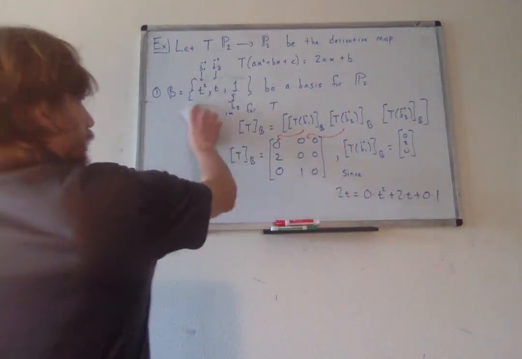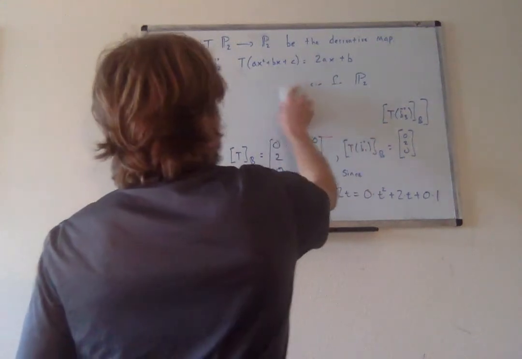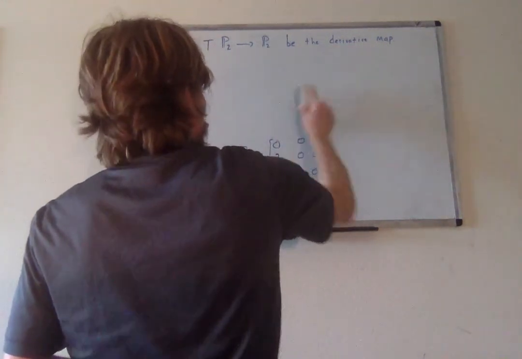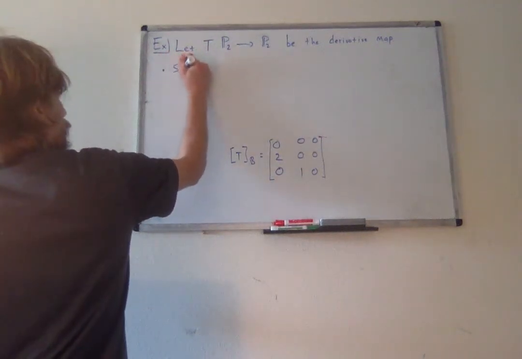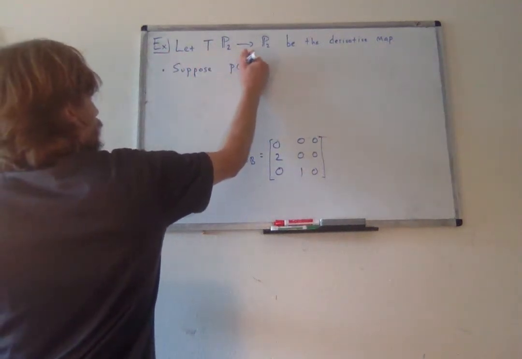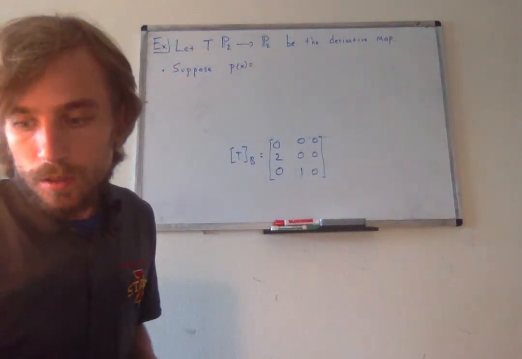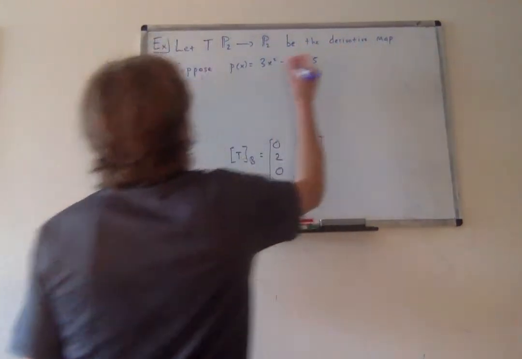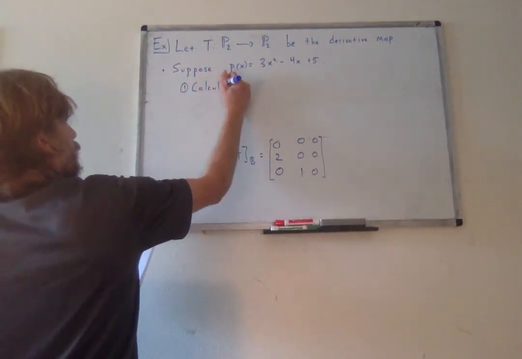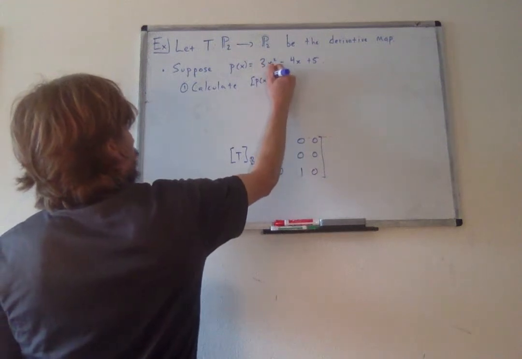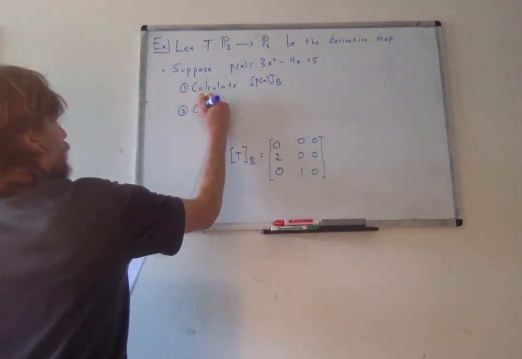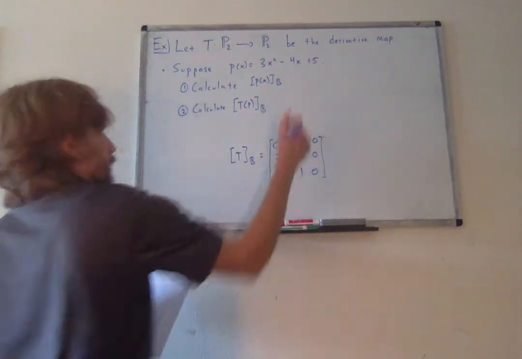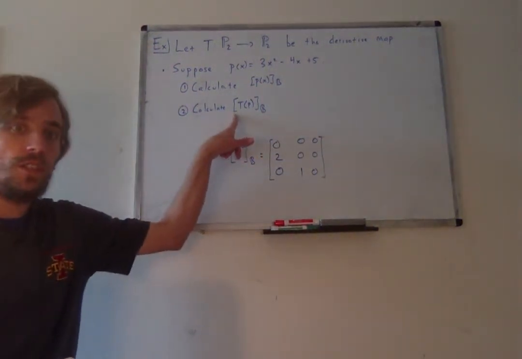So we can erase everything except for this matrix. Now if we had the polynomial P(x) = 3x squared minus 4x plus 5, what we want to do is calculate first the B representation of P of x, and then use that to calculate the B representation of the image of P of x, which, remember, is just the derivative.